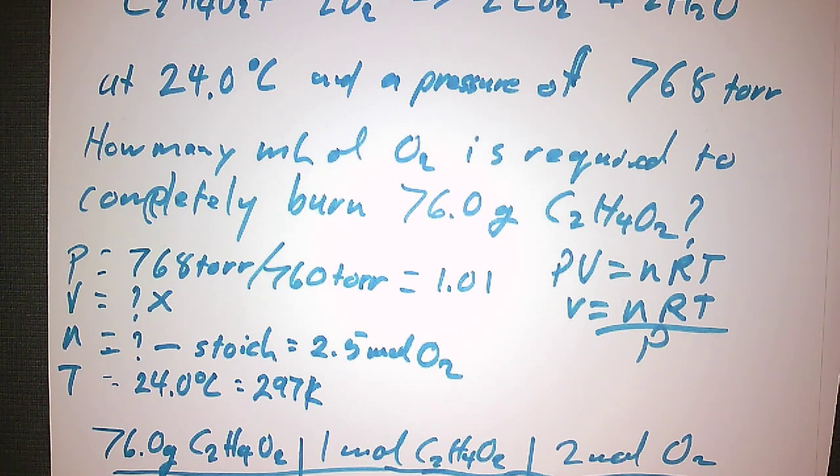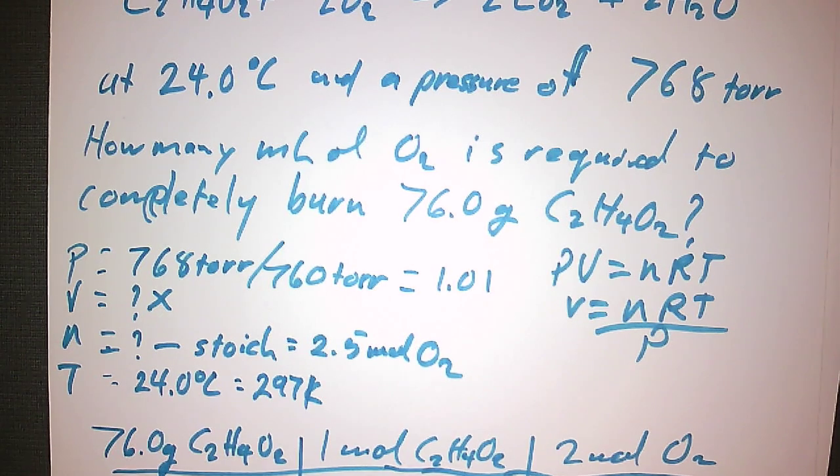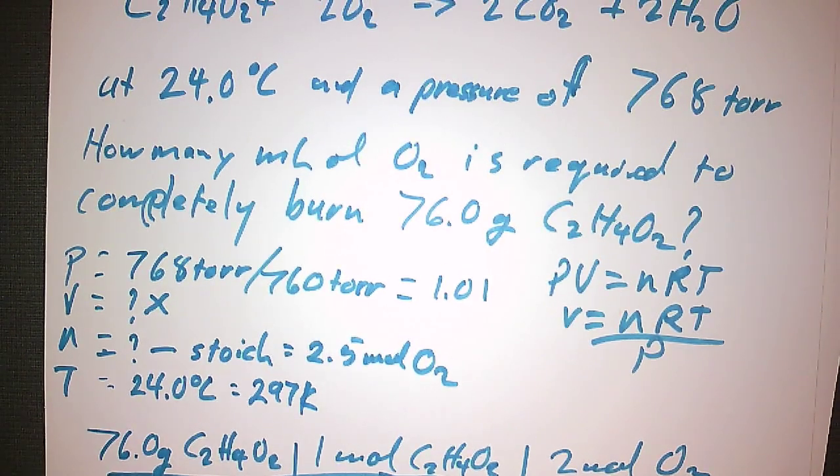I kept 3 sig figs on everything else, so I went to 2.53. I did 2.5, because I was looking for it. Okay, so 76 times 2 divided by 60, so 2.53. All right, either way.